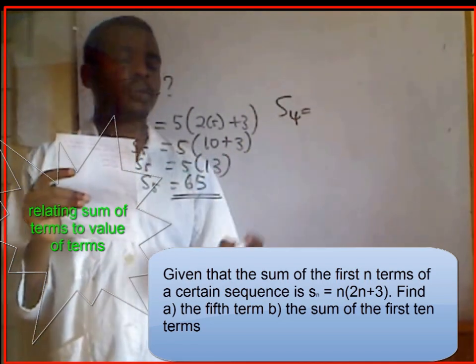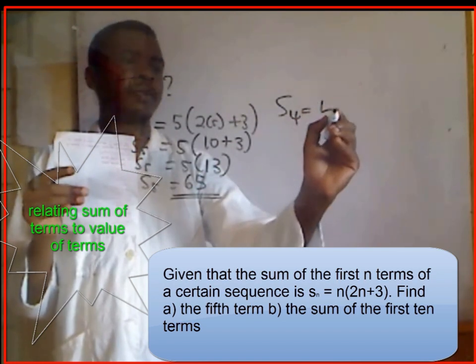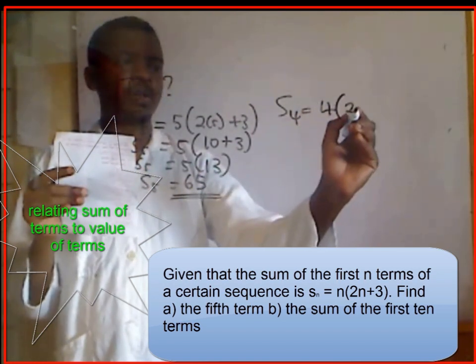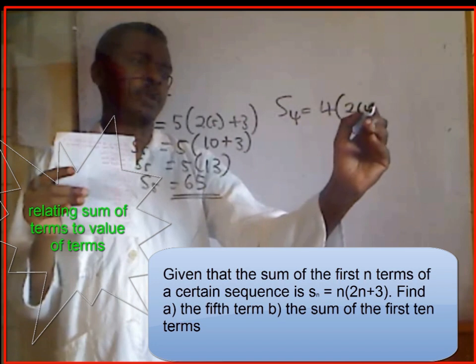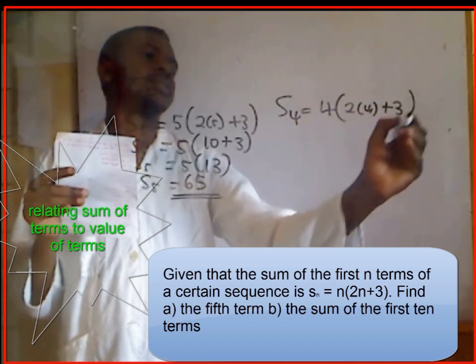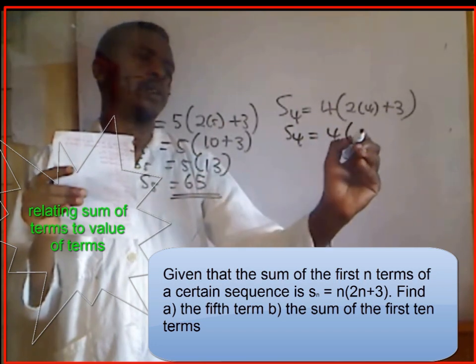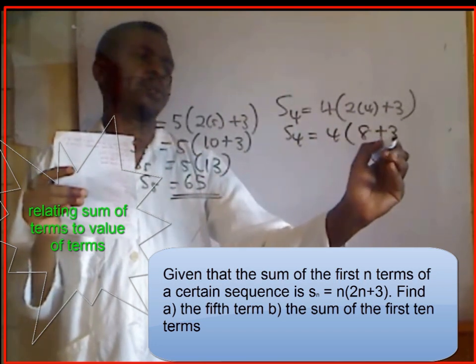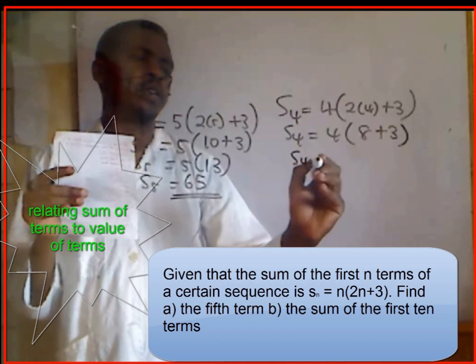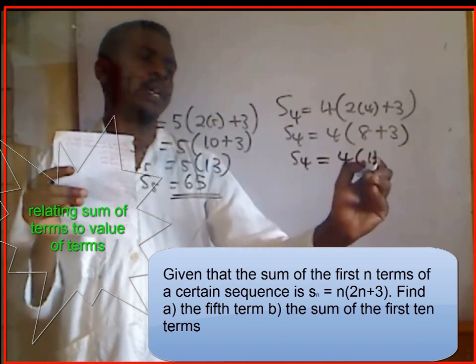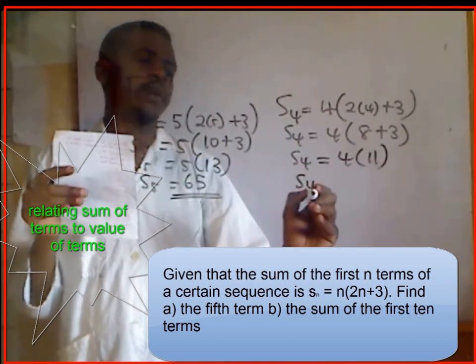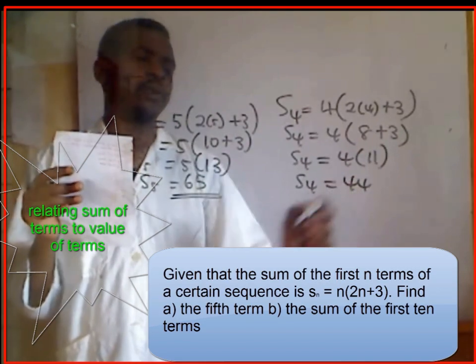Now let's get S4. S4 is equal to 4 times (2 times 4 plus 3). S4 is equal to 4 times (8 plus 3). S4 is equal to 4 times 11. S4 is equal to 44.